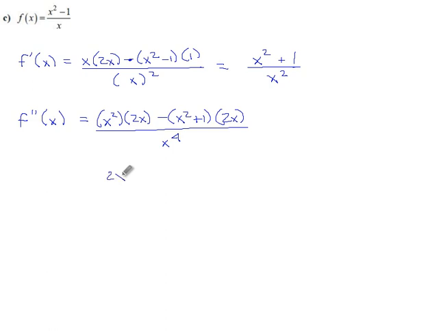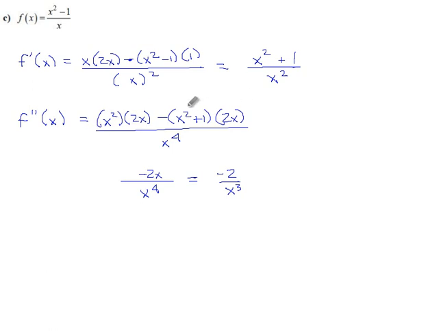Expand this, and it's 2x cubed minus 2x cubed and minus 2x. Okay, so the 2x cubes just cancel out, which is fine with me. And so our numerator just ends up as minus 2x over x to the fourth, which cleans up to minus 2 over x cubed. That's our second derivative.